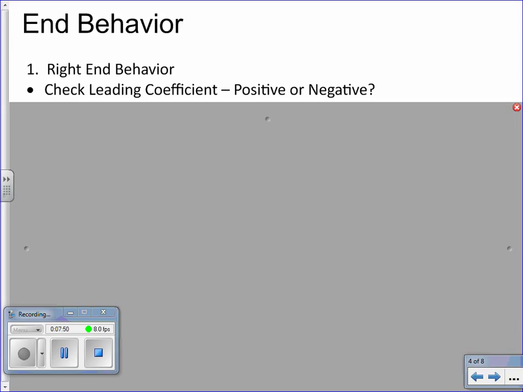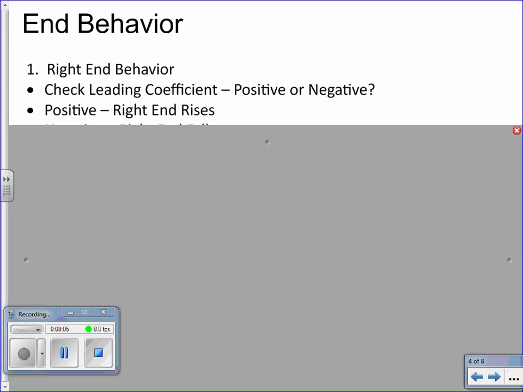You're going to look at that leading coefficient and check, is the leading coefficient positive or negative? If the leading coefficient is positive, the right end rises. Intuitively, that makes sense. A positive leading coefficient would mean something goes up.